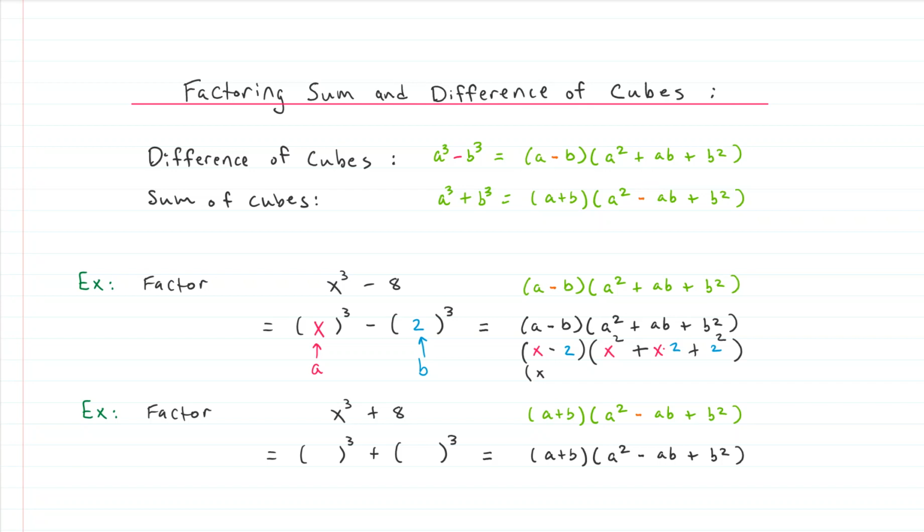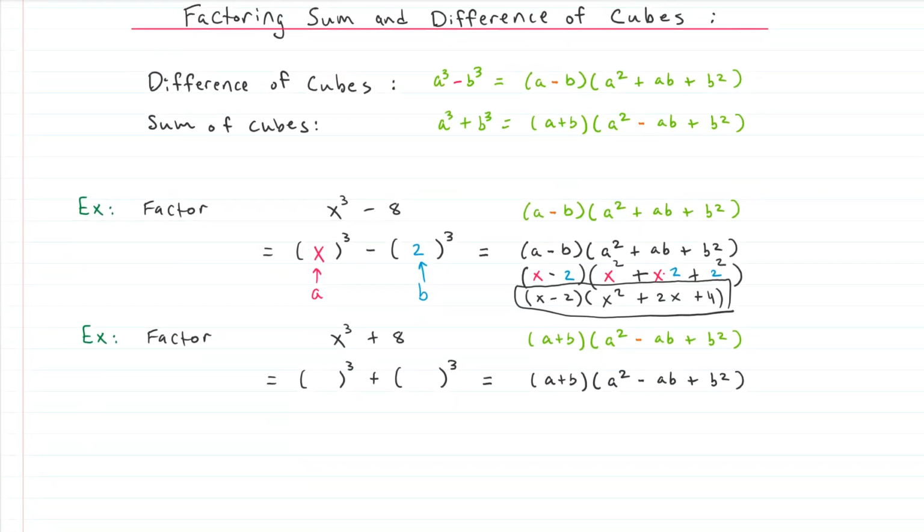So we have x minus 2 as our first polynomial, multiplied by x squared plus 2x plus 4. And that's it. We're done. Really the hardest thing, I think, is just identifying the a and the b. Once you've identified the a and the b, you're literally just plugging stuff into a formula.